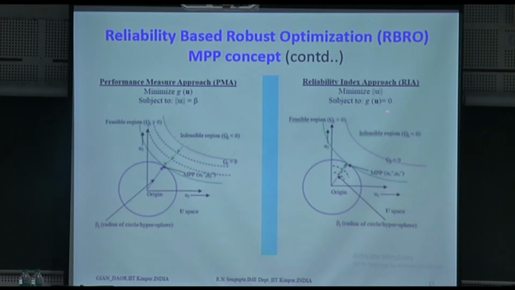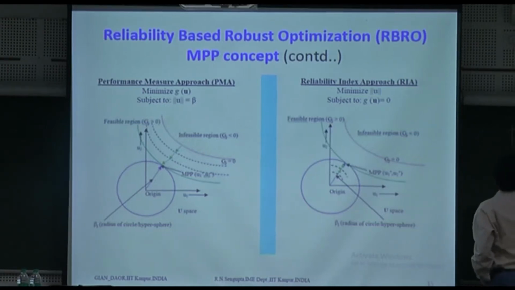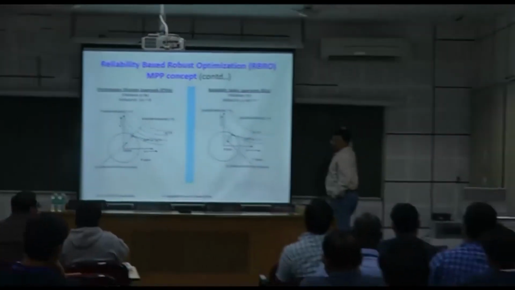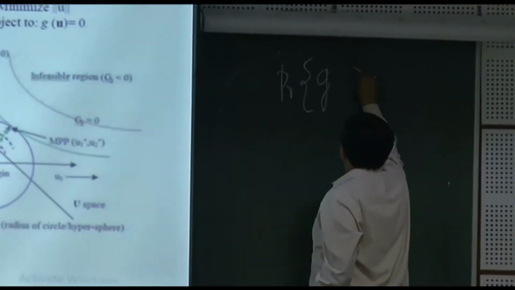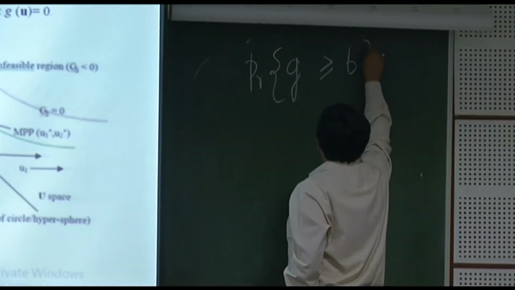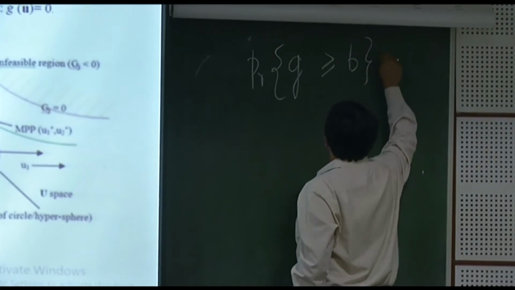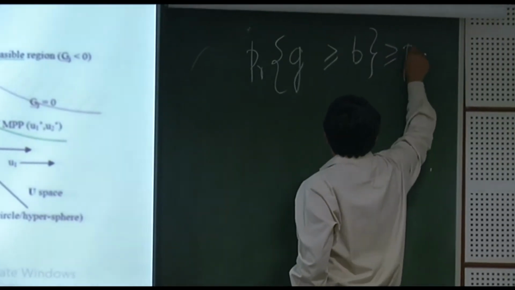And the second part, G(U) equal to 0, is actually, if you remember the functional form which I had written, was this. You had probability G, I am not writing X, P, D and so on, is greater than some B, I am not using the suffixes, is greater than beta.